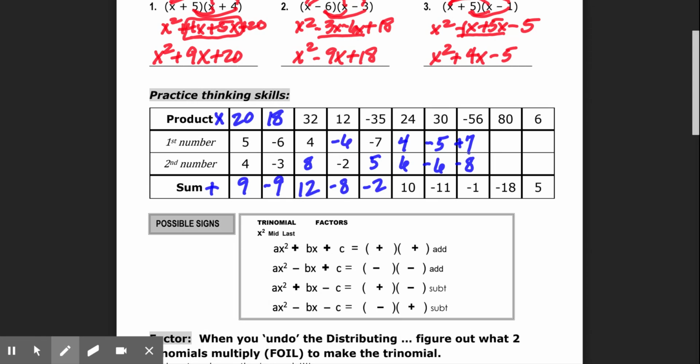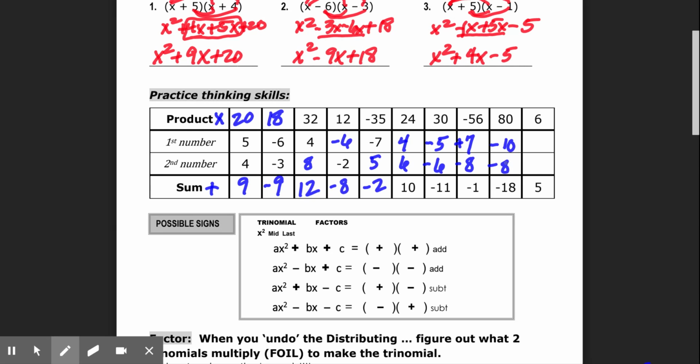All right, the next one, 80 is positive and the sum is negative. So they're both going to have to be negative. Let's see, 10 and 8, that's right. So negative 10 and negative 8 add up to negative 18, and when you multiply it gives you positive 80.